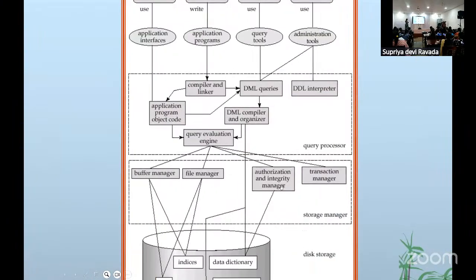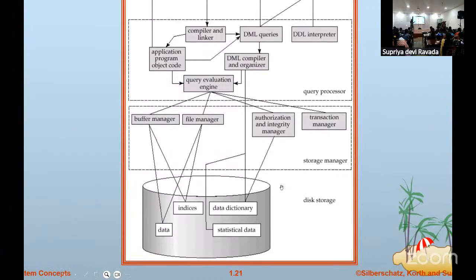Here also, authorization and integrity manager. Again, what is the meaning of integrity? It is going to maintain the integrity problems also. That means the account balance or the account number which is there should not be null or empty. All that responsibility will be taken care of by the authorization and integrity manager.